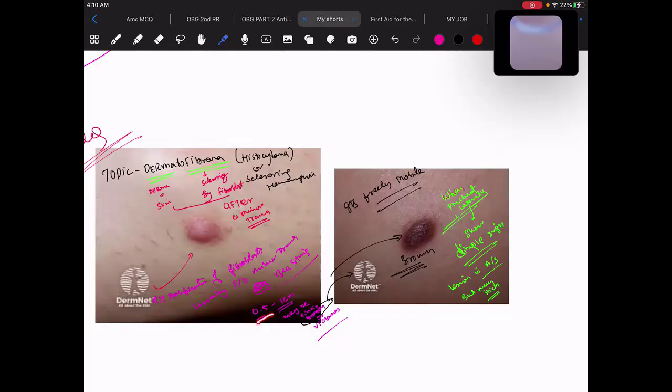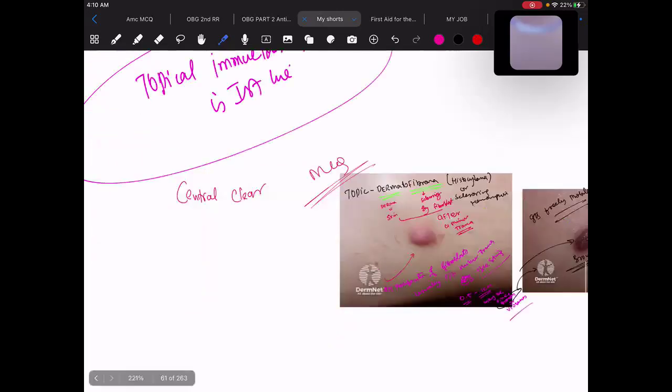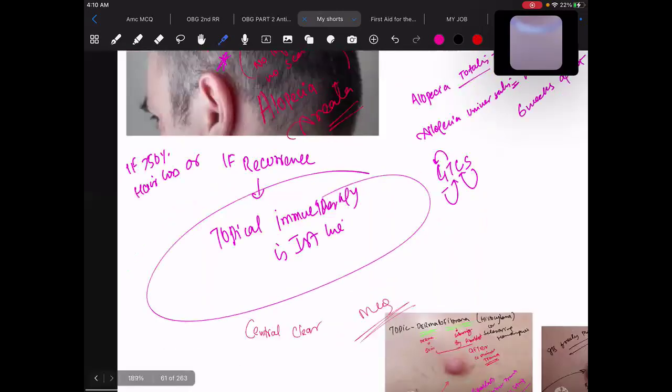It is 0.5 to 1 mm elevation, and it may be pink, brownish or violaceous, as you can see over here, and it is freely mobile. When pinched laterally, it shows a dimple sign. The lesion is most commonly asymptomatic, but it may sometimes be itchy. Remember this.